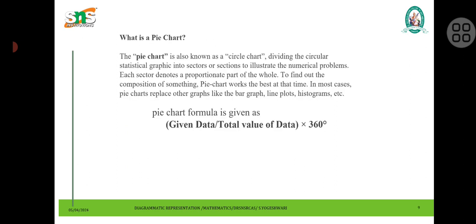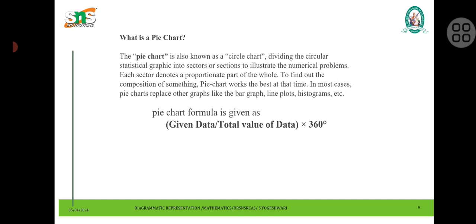What is a pie chart? A pie chart is also known as a circle chart, a circular statistical graphic divided into sectors or sections to illustrate numerical proportions. Each sector denotes a proportional part of the whole.